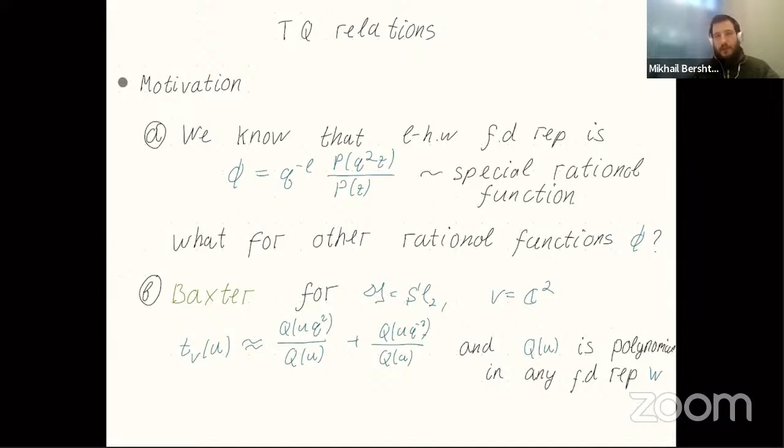So if we take any eigenvector of this Q, then its eigenvalue is some polynomial, and the roots of this polynomial are the Bethe roots of the corresponding eigenvector. And Baxter noticed this relation in terms of the integrable system, the operator which commutes in some quantum space.